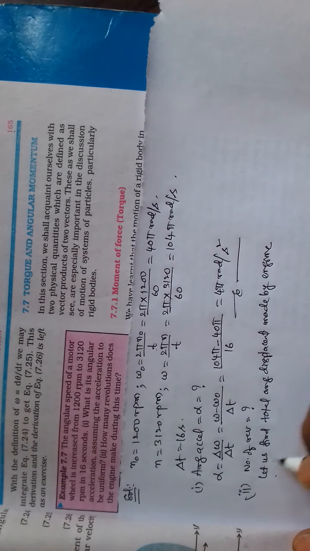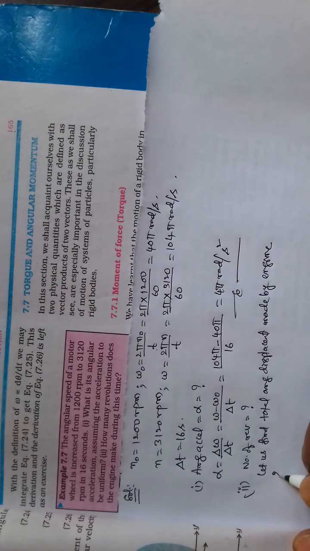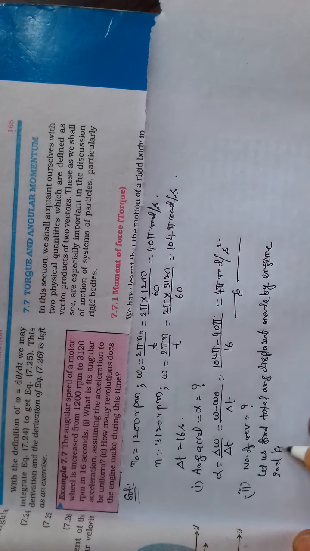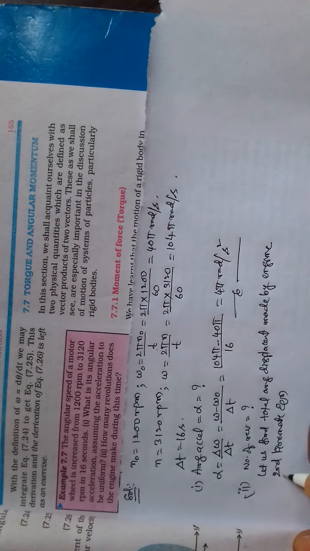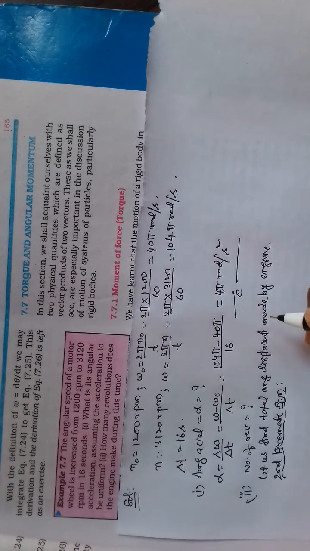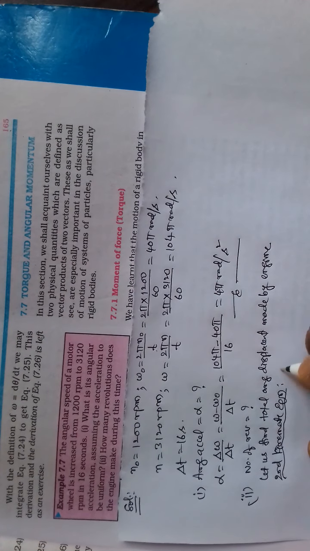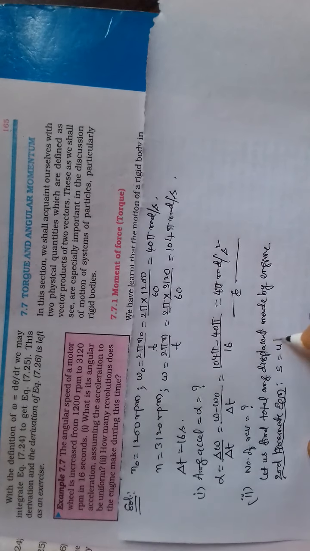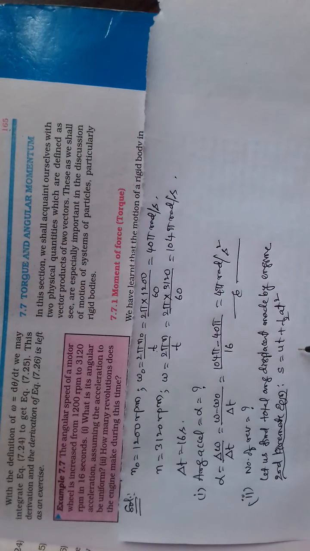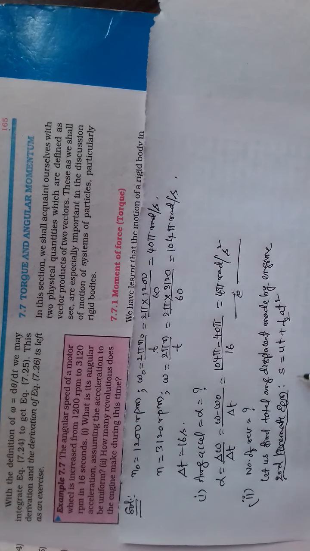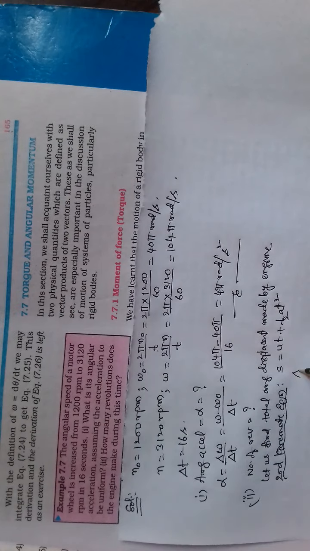Here the second kinematic equation is S is equal to ut plus half at square for linear motion. For rotational motion, in place of linear displacement we get angular displacement.